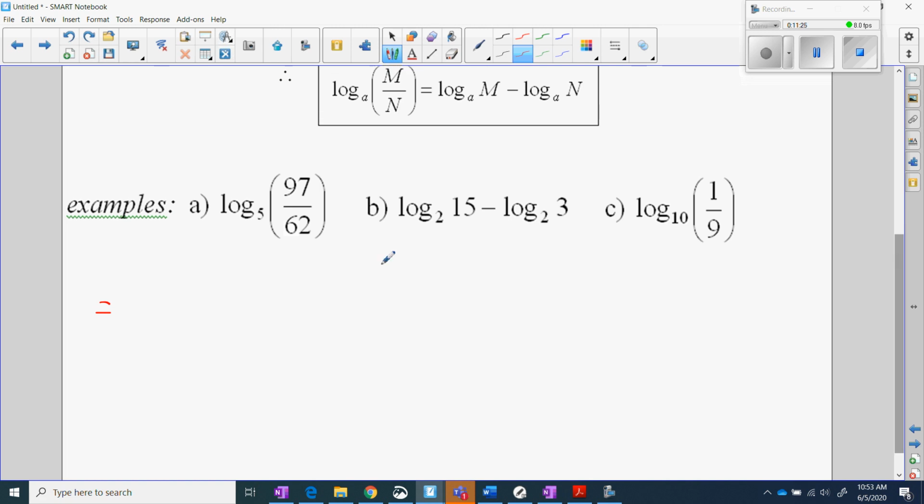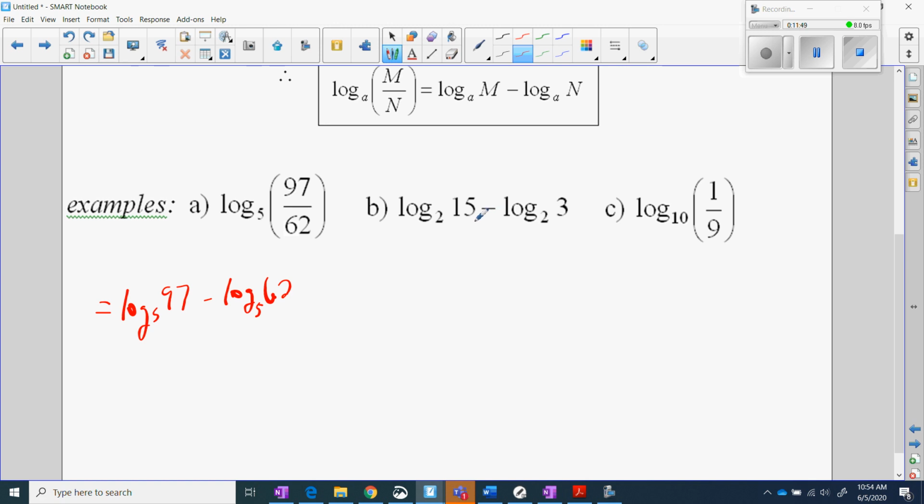If you have the log of a quotient, like I have here, I can change it into two separate logs subtracted. The base stays the same for both of them. I have two separate logs, the same base, both base 2, subtracted.